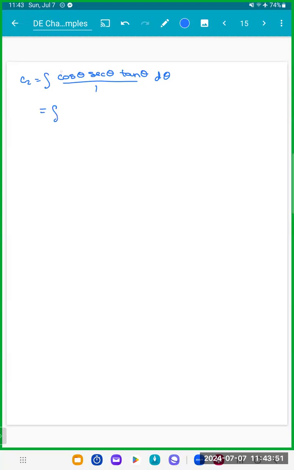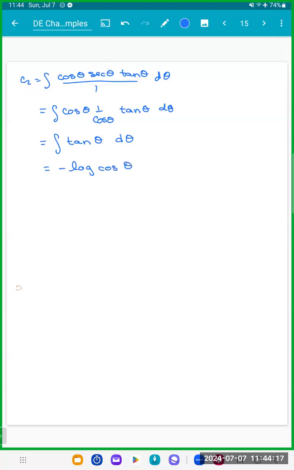Simplifying, we get cosine theta, 1 over cosine theta, tangent theta, d theta. So we're looking at the integral of tangent of theta because the cosine and the 1 over cosine cancel out with each other. And so this gives me negative log of cosine theta.